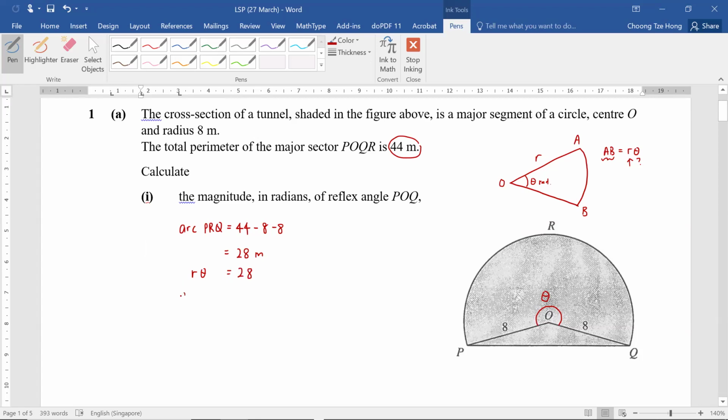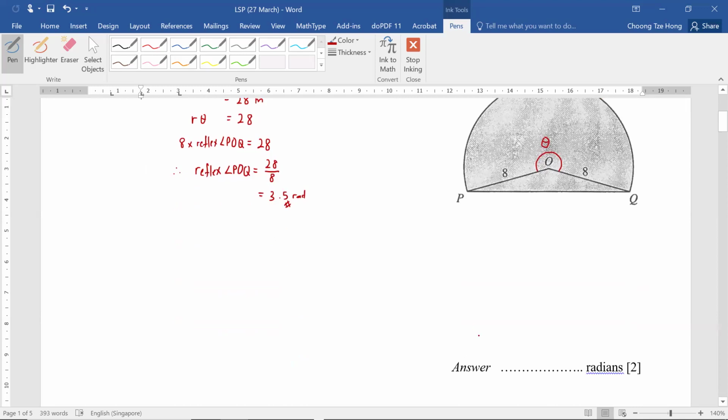The radius is 8, and theta is the reflex angle POQ. So 8 times reflex angle POQ equals 28. Reflex angle POQ will be 28 divided by 8, which gives 3.5 radians. So the answer here is 3.5.